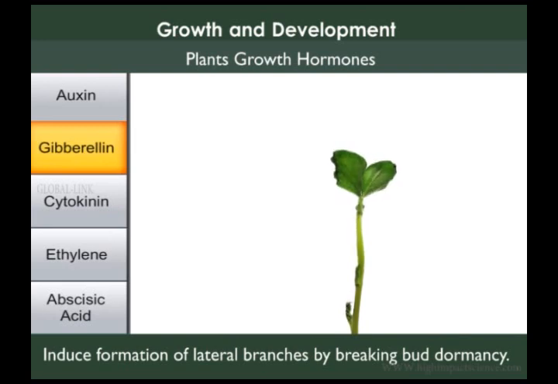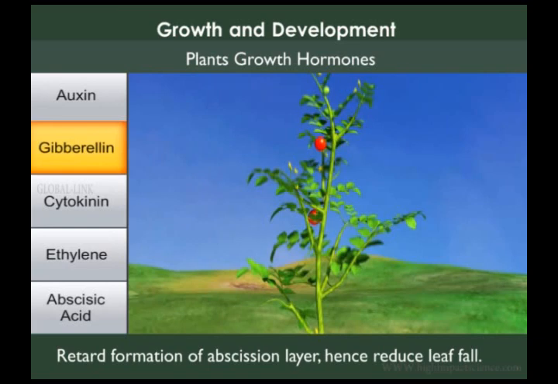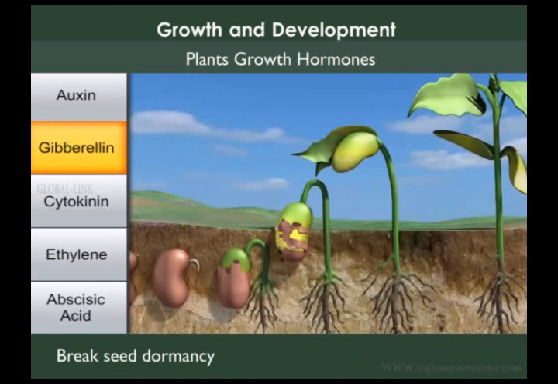They promote formation of lateral branches by breaking dormancy in buds. They reduce leaf fall by retarding formation of abscission layer and also break seed dormancy, hence stimulate germination.